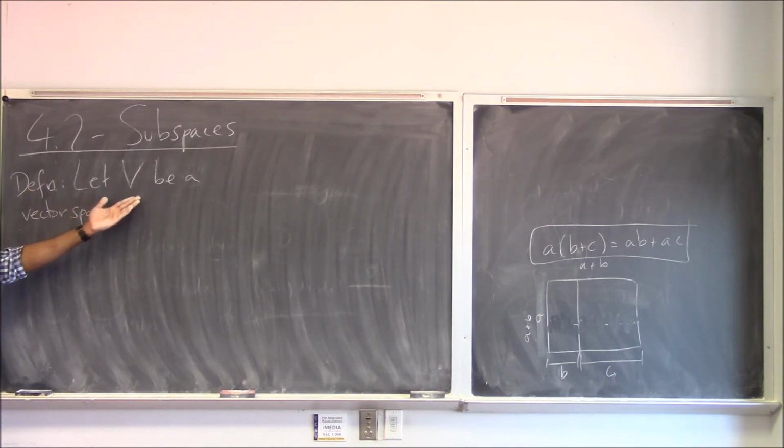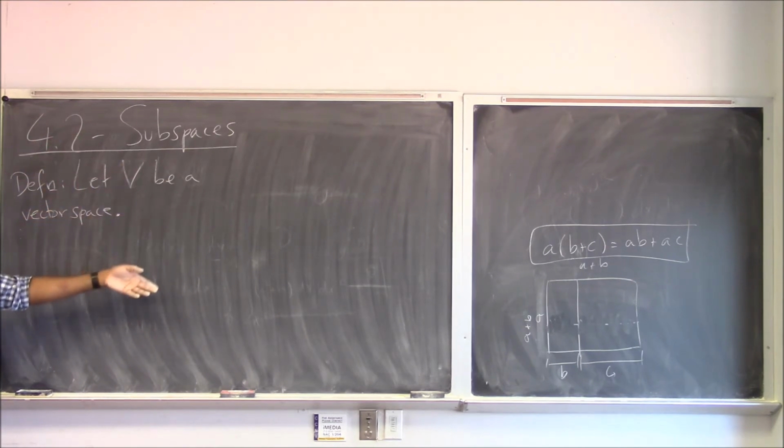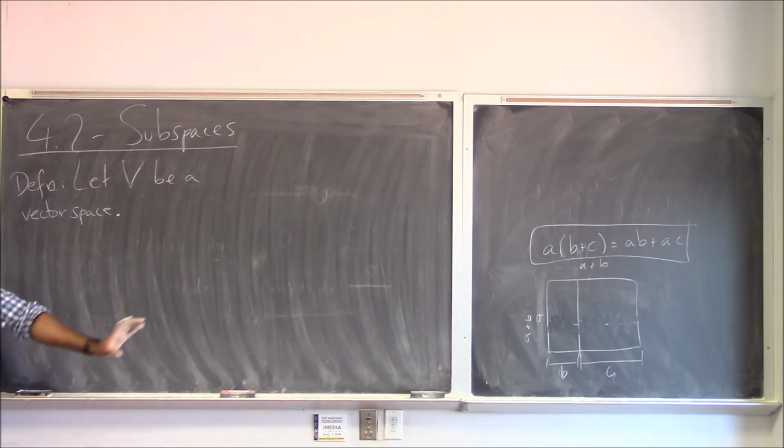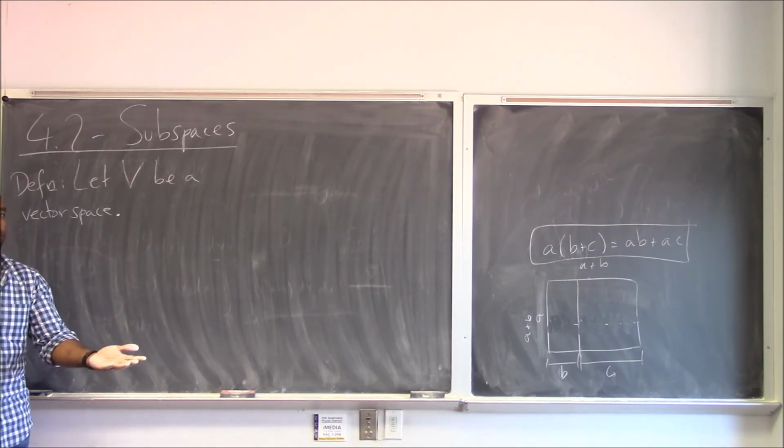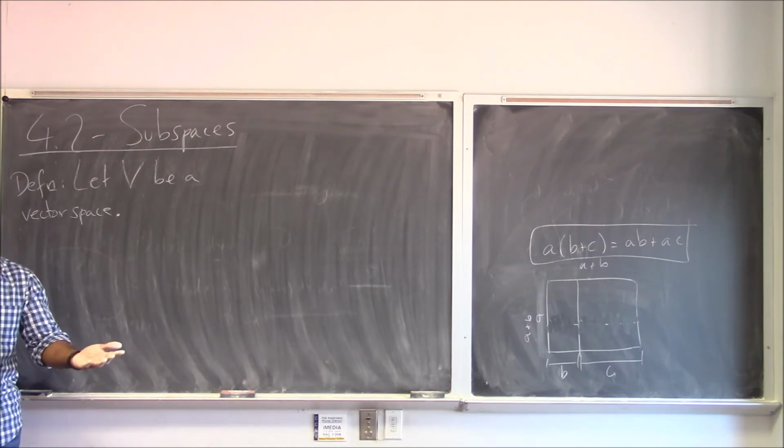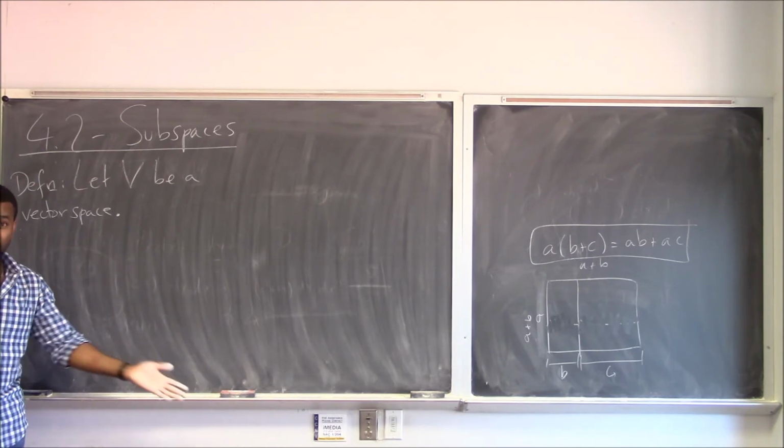Sometimes I'll just call a vector space V without saying it's over this field and these are the operations. But it should be understood that all that baggage comes with it. If I say this set is a vector space, you should be thinking of some operations and some field, even if I'm not telling you. I know they're there in the background.